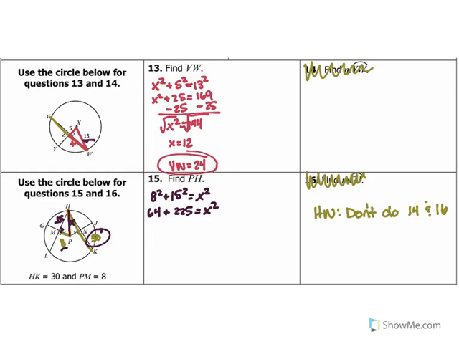And let's go ahead and add those together. So we get 289 equals x squared. And square root both sides to get 17 equals x. So PH equals 17. And that is your answer.